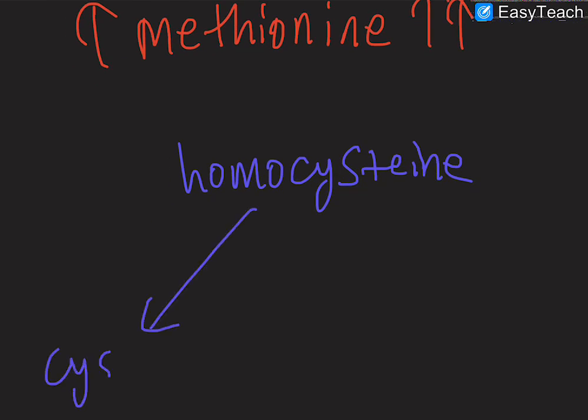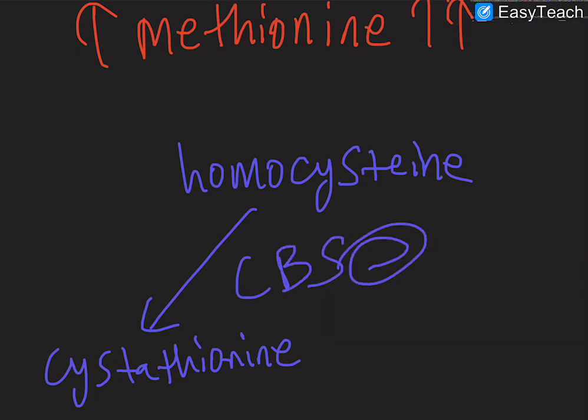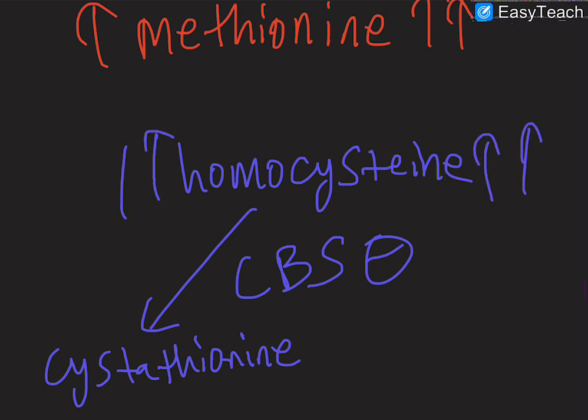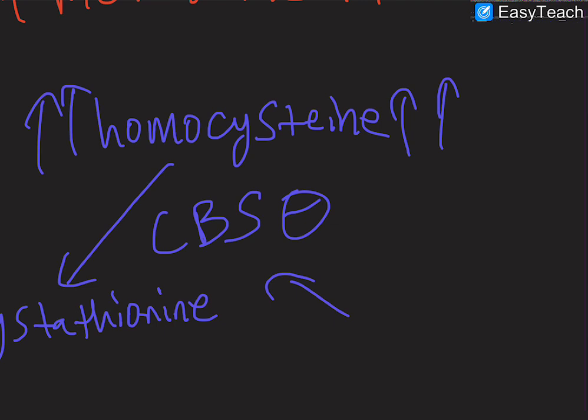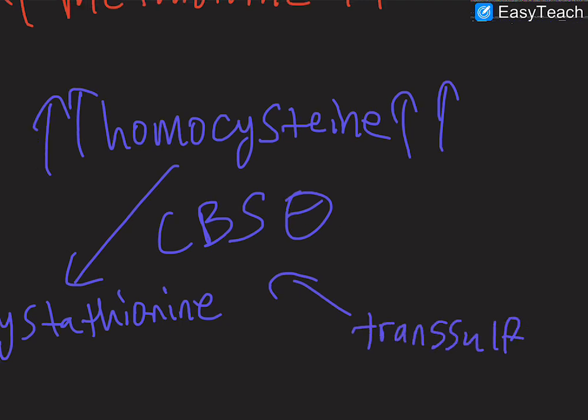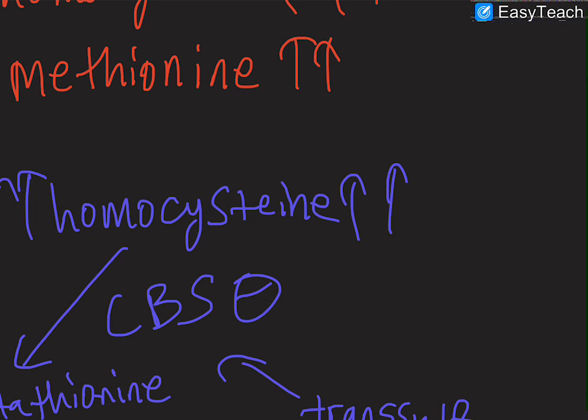Homocysteine cannot be converted into cystathionine because our cystathionine beta synthase enzyme is defective or deficient in homocystinuria. So homocysteine levels build up, but this excessive buildup can go to the other pathway, remethylation.